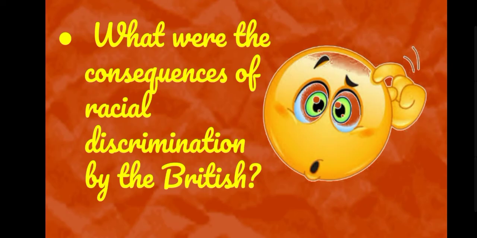What were the consequences of racial discrimination by the British? Since all the Indians were exploited on racial grounds, there was a feeling of unity among them against the British, which led to the feeling of nationalism.